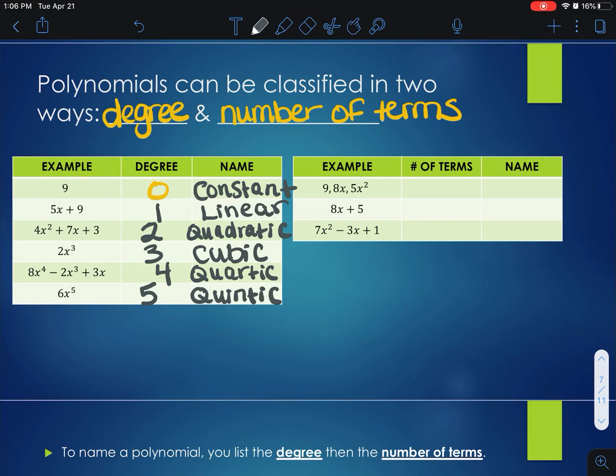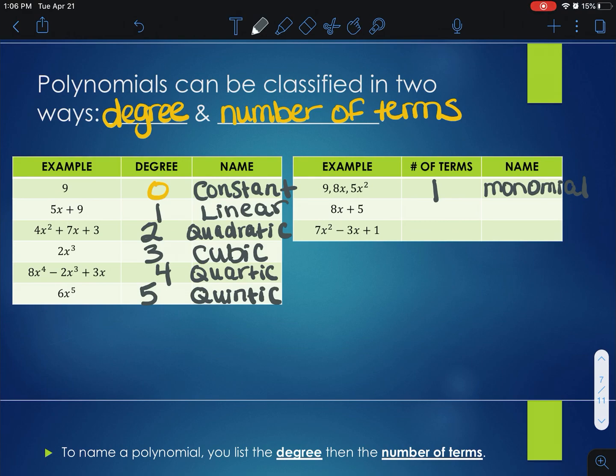Now, number of terms is a little easier. There's only 3. Some examples here are 8 or 9, 8x, 5x cubed. In each of those 3 examples, there's only one term in each, and that is called a monomial, which we've already talked about.